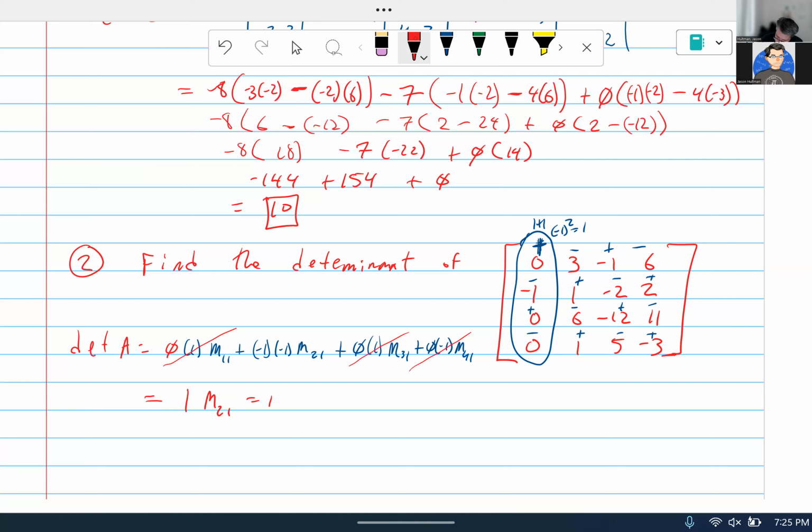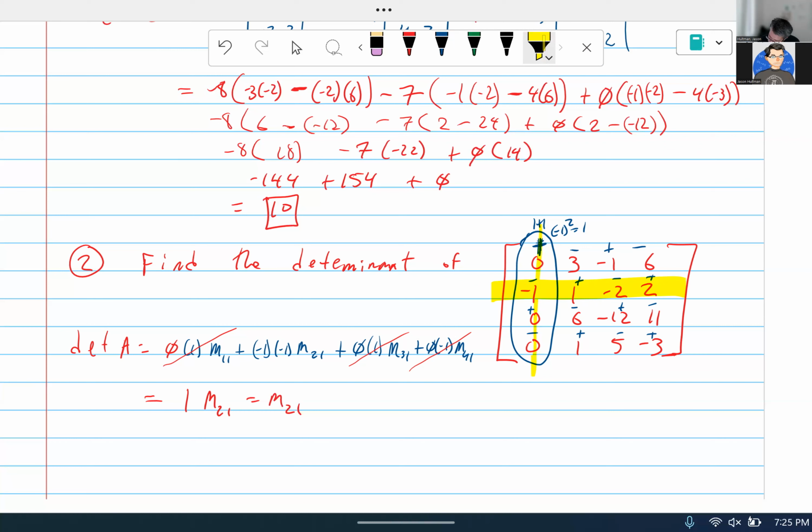Okay. So let's find the minor of 2, 1. Okay, so let's cross off row and column here. Okay, so we have the signed minor, or the cofactor, okay, times this -1. Maybe I should have left it there for the time being, but it's all good.